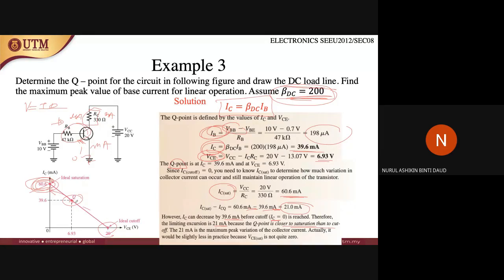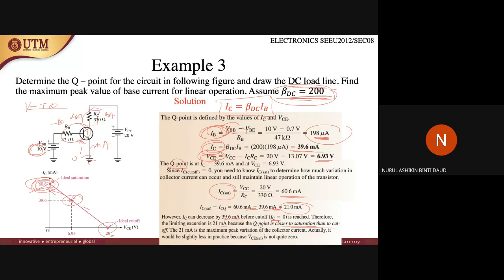Yeah, so this Q point is not in the middle of this DC load line. You can see that at the given voltage, at 10 volts, where the value of IB is 198 microamps, the Q point is not in the middle of the DC load line, right?